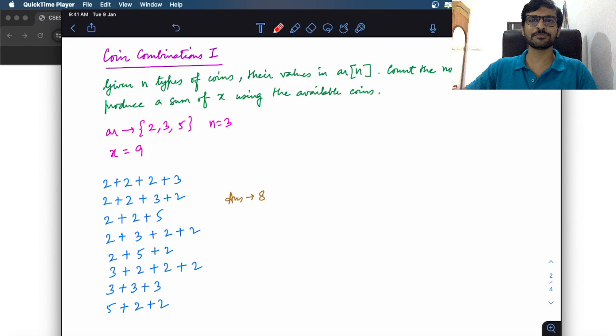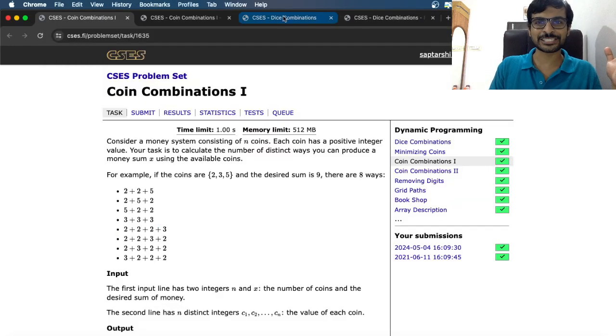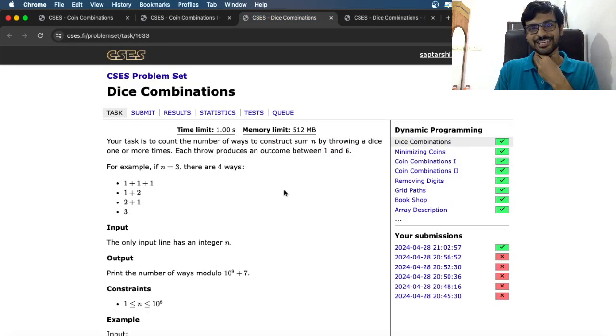Now we have covered a similar problem, so let us first look at that. In another video we had covered dice combinations. We had to reach a sum of n by throwing a dice one or more times, and each time it comes with a different outcome, between 1 and 6.